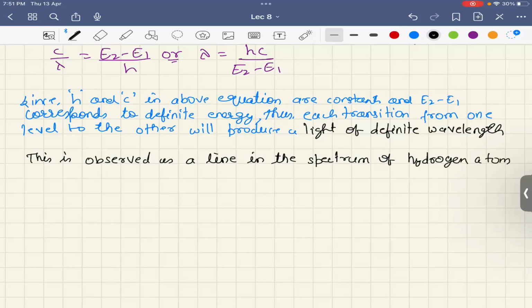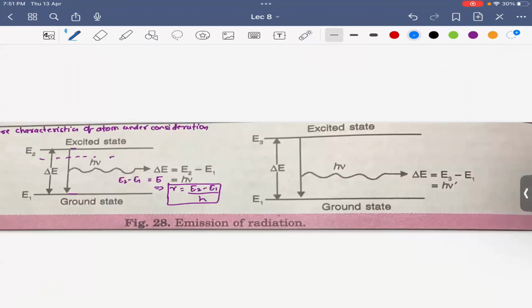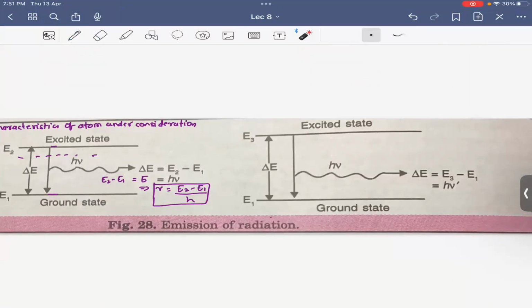Now, let's say, for example, here is the figure. If the electron jumps down from the third energy level to the first energy level, the energy of this level is E3 and the energy of this level is E1.